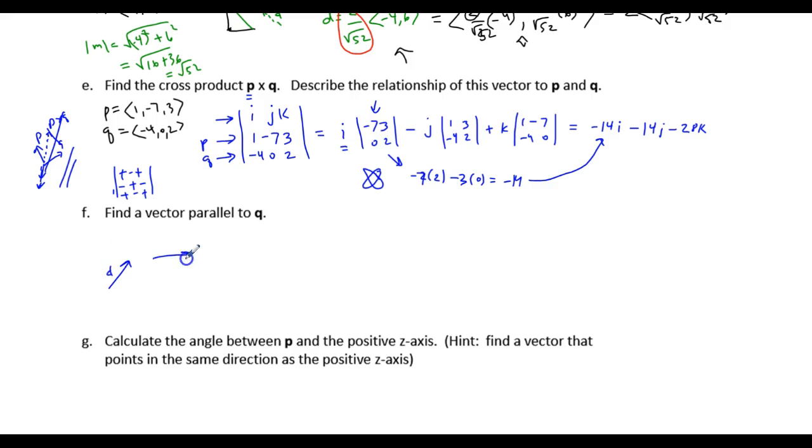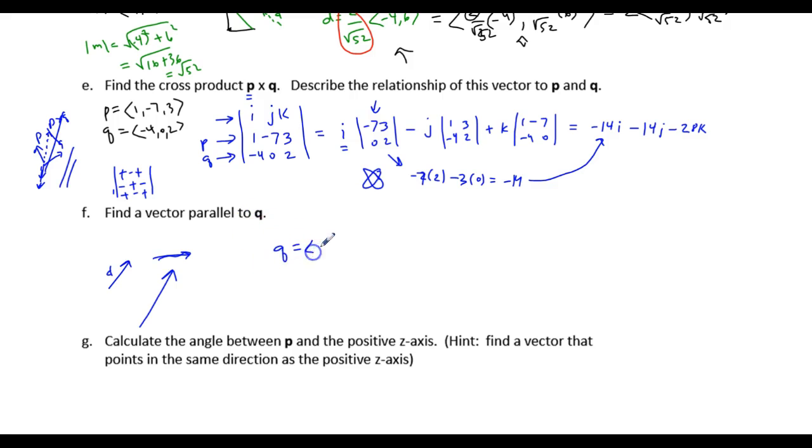So like this vector could never be a scalar multiple of d because they're in different directions, whereas this one, if I just said, hey, is this one parallel, I could tell because I can see that it's in the same direction, and if I can shrink it down by some scale factor to be exactly d, then I know they're parallel. So that's the idea behind this one.